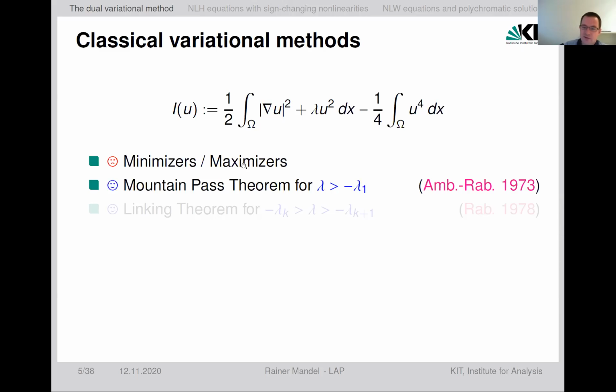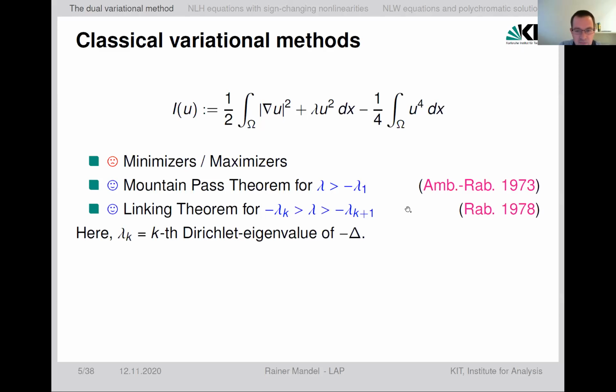On the other hand, there are variational techniques that provide saddle points of such functionals. Say, for example, the mountain pass theorem that applies for lambda bigger than minus lambda_1, where lambda_1 is the first Dirichlet eigenvalue. And this result is due to Ambrosetti and Rabinowitz from 1973.